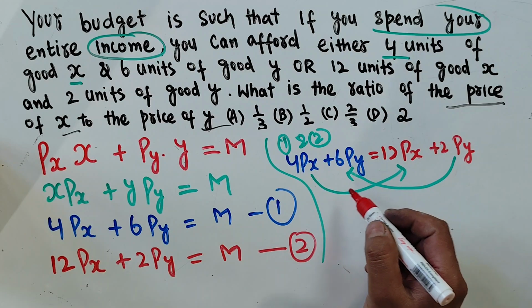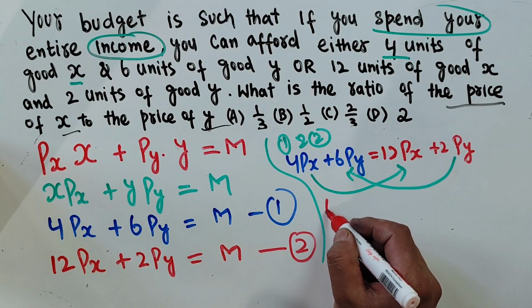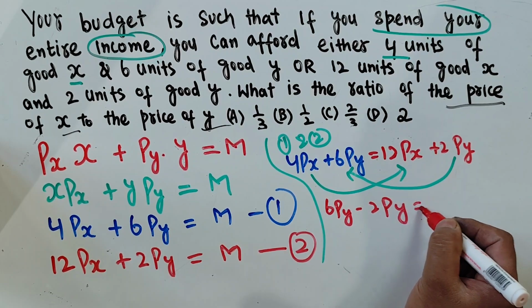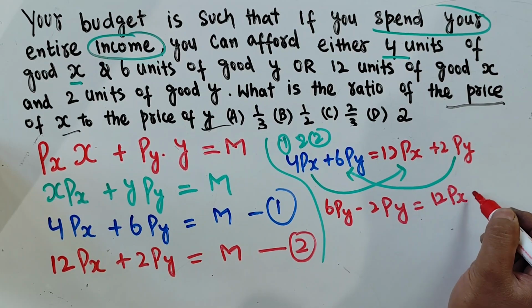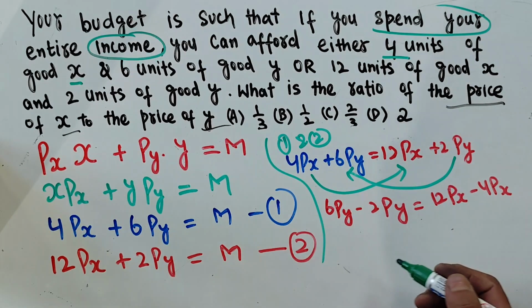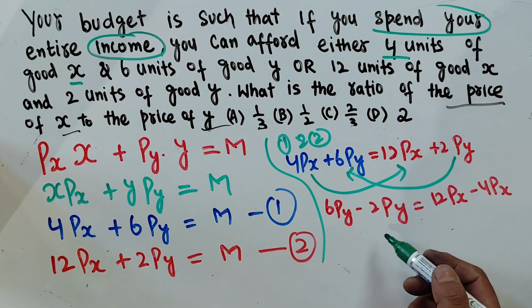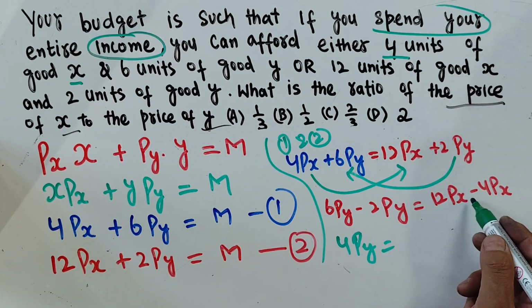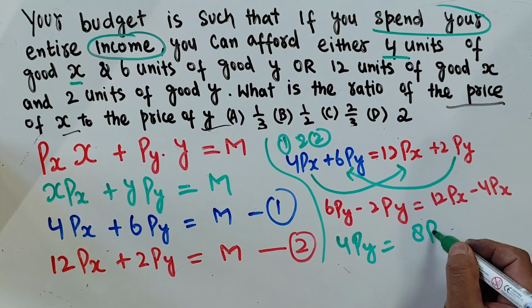So we will get 6 py minus 2 py is equal to 12 px minus 4 px. Transposing from one side to another side changes the sign. Now 6 py minus 2 py is 4 py, and 12 px minus 4 px is 8 px.